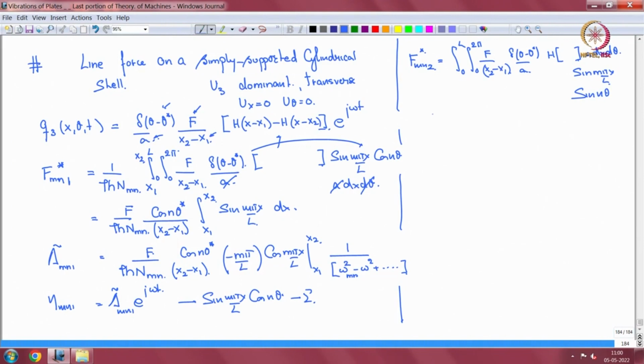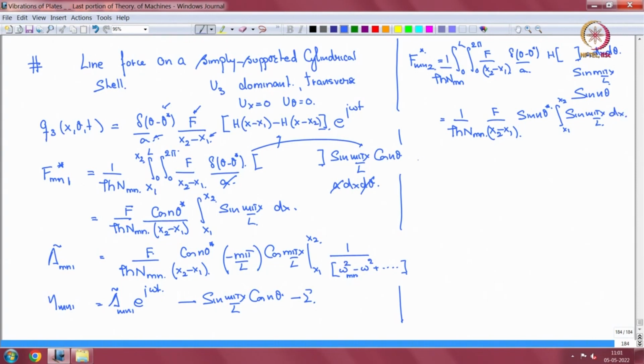And I have 1 over rho h n mn. And so this becomes 1 over rho h n m n f by x2 minus x1 sin n theta star, and this integral from x1 to x2 sin m pi x over L dx.